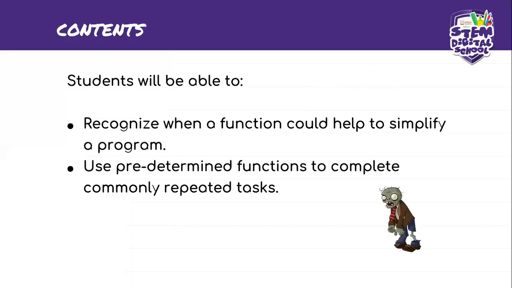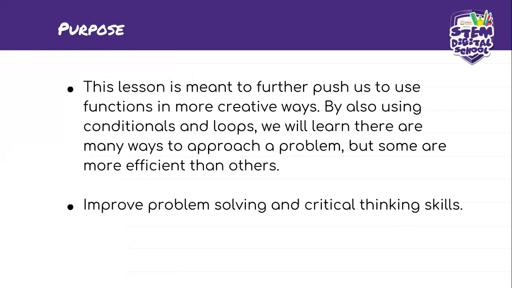Okay, so our objectives for today: to recognize when a function could help to simplify a program, and then also to use predetermined functions to complete commonly repeated tasks. The purpose for our functions, remember, is meant to further push us to use functions in more creative ways.